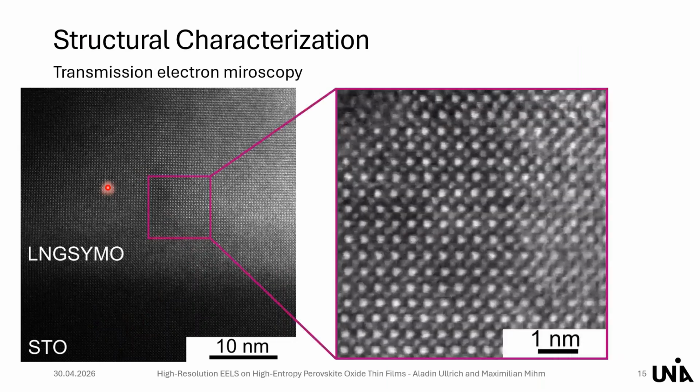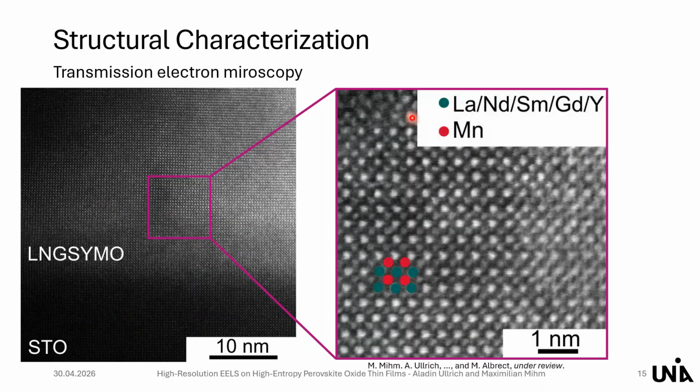So what we can see is we have rows with brighter dots and darker dots. And also they are shifted half a unit cell. So from the Z contrast, we can say, okay, the darker dots are manganese and the brighter dots are rare earth elements. And then what you also can see is that these rare earth elements are not on a straight line.